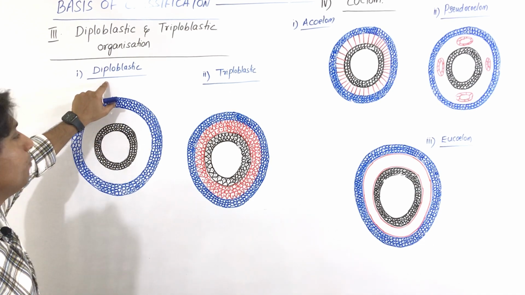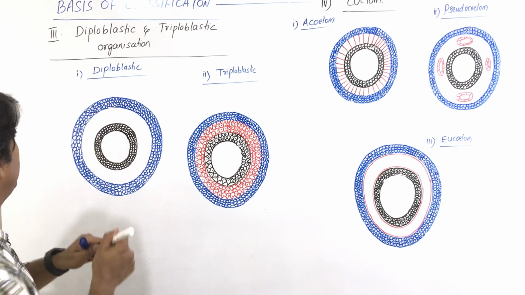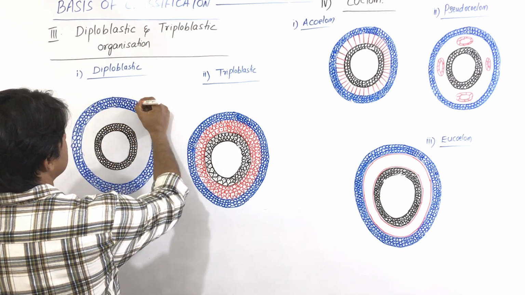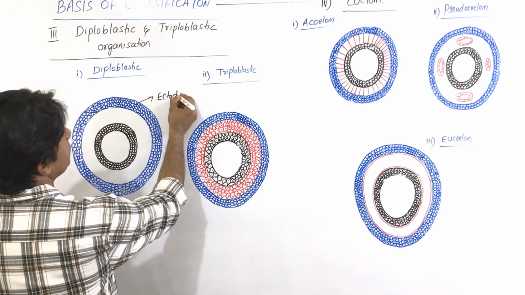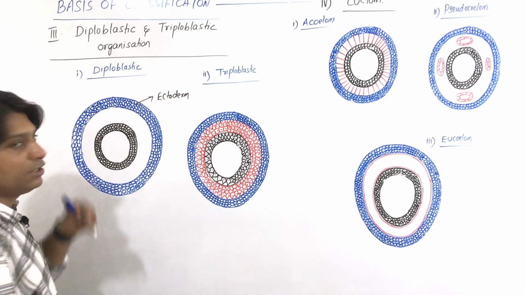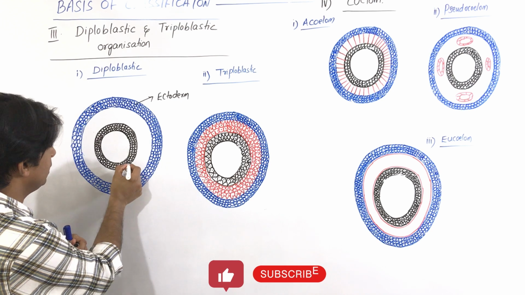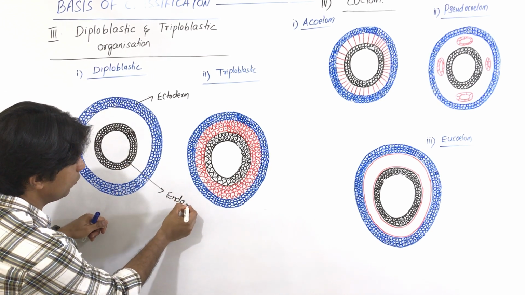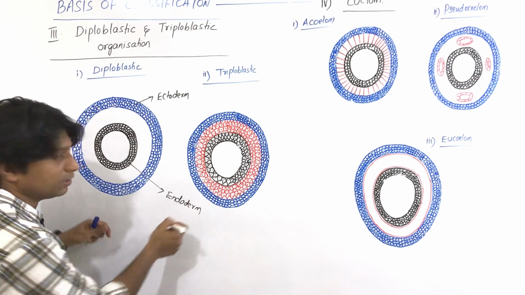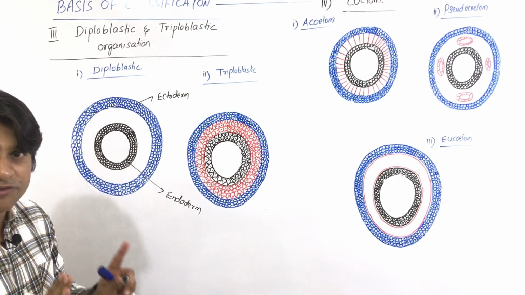This is called diploblastic body organization, where the outer layer is known as ectoderm, and the inner layer is known as endoderm. There are only two layers formed.